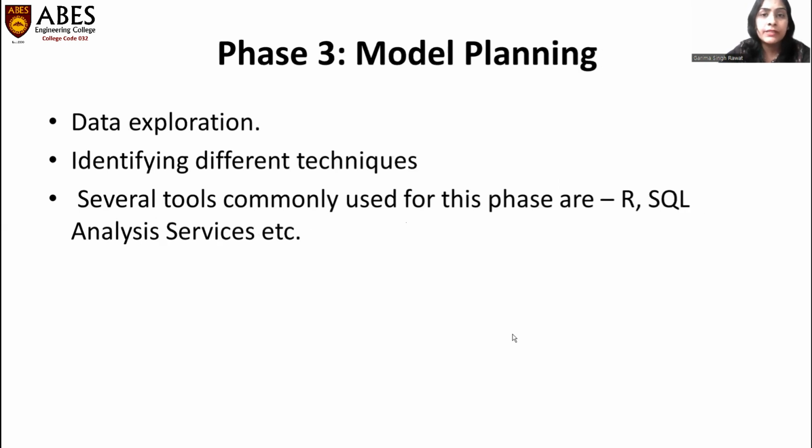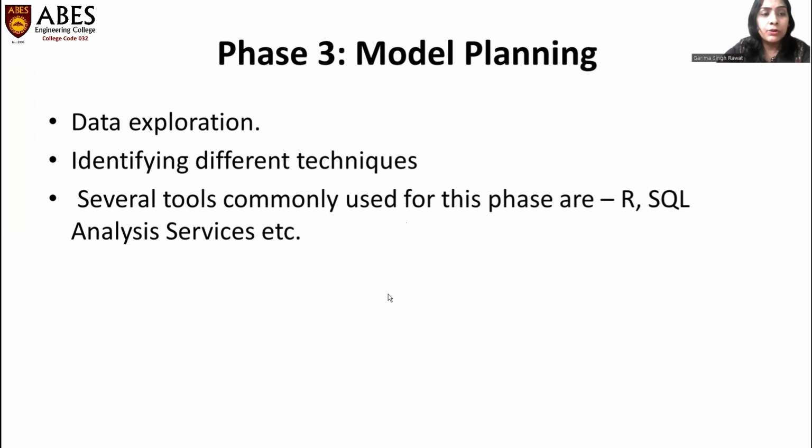Now the next phase is the model planning phase. In the model planning phase, data exploration is done. What is data exploration? The team will explore the data, identifying relationships between the data points, selecting the key variables, and eventually devising a suitable model.